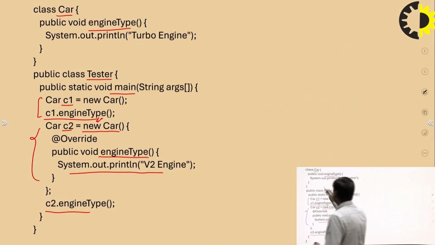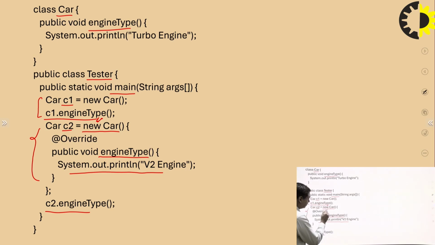One class is Car, and the second class is created here with the help of the new operator, but there is no name for this class. Therefore, we are able to override the method engineType. So the first class is Car, and within it we have one more class without any name, which we call an anonymous inner class, and we override the method engineType and just change the print statement.